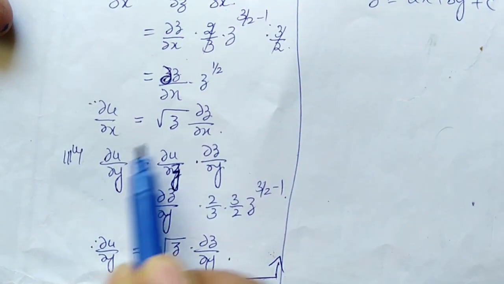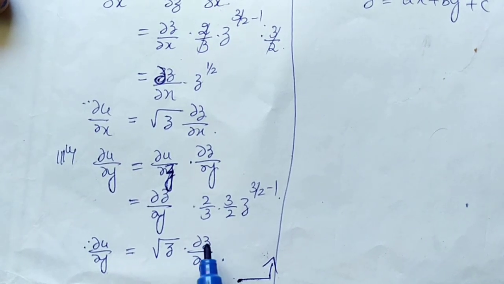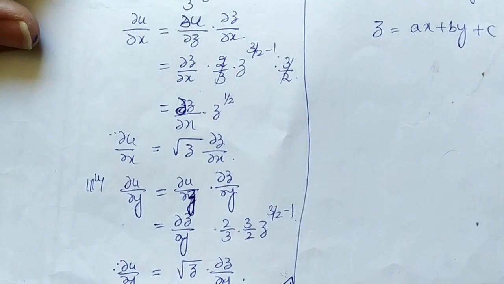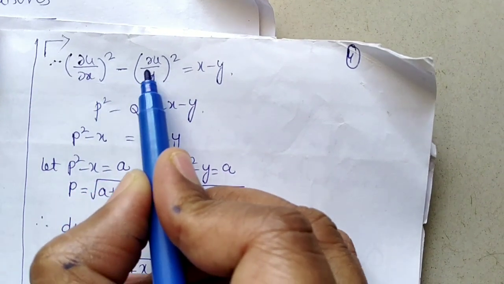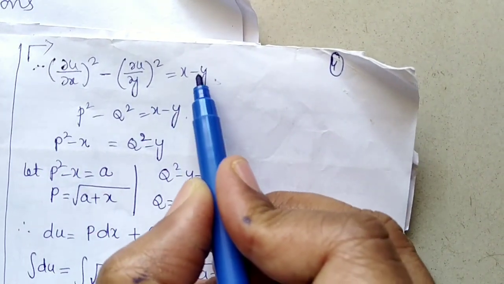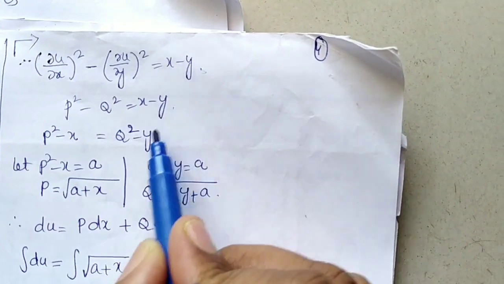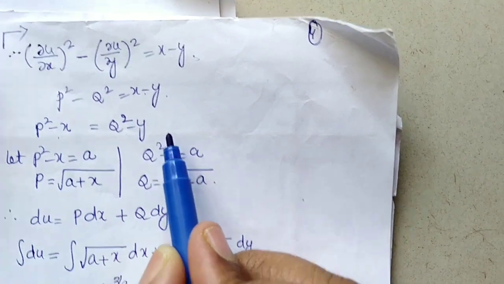Similarly with respect to y you do. So you will get dou u by dou y means root z dou z by dou y, this one. And apply here, I am showing here, and substitute: dou u by dou x minus dou u by dou y whole square equal to x minus y. Assume this as p, assume this as q. So p square and x on one side, q square and y on one side you write.